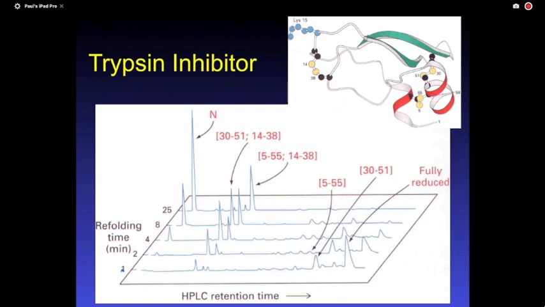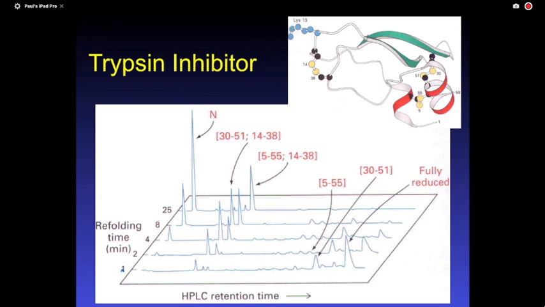Small comes out first, large comes out last. So the largest or the last peak represents the fully reduced or fully unfolded. The first peak represents the native or the fully folded because it's the smallest. Then I got all sorts of intermediates in the middle.